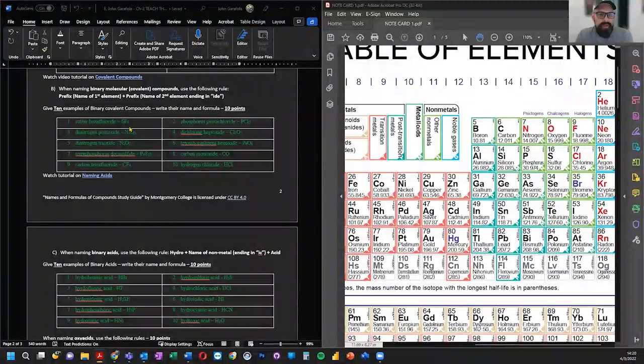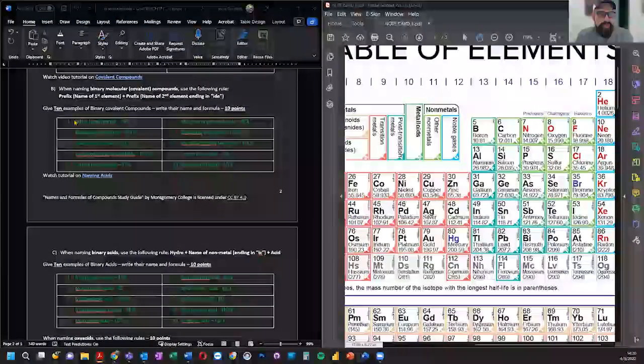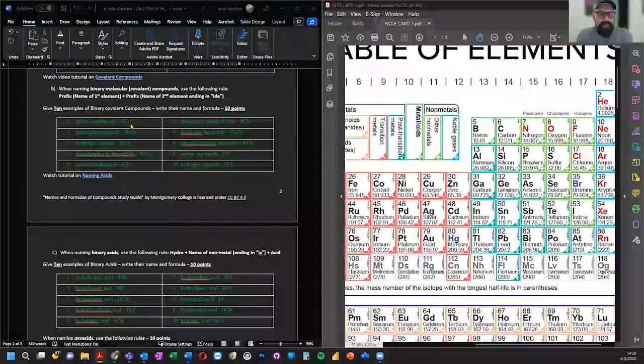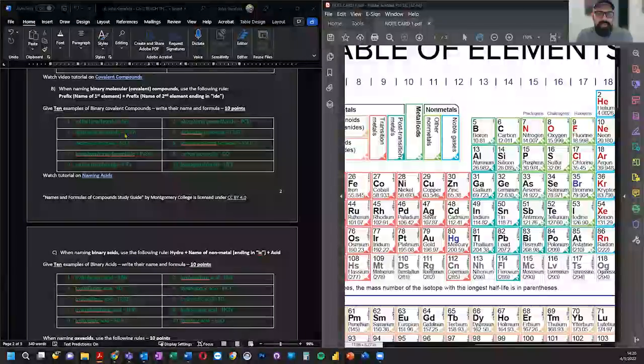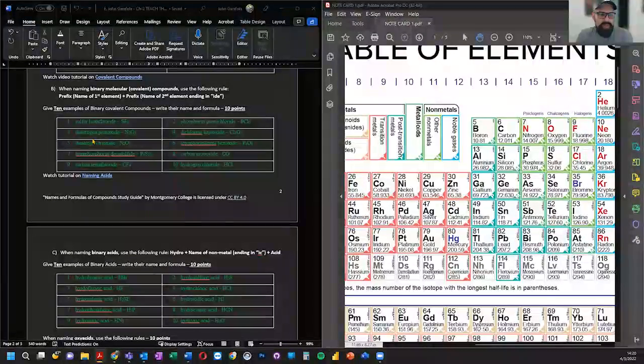So the 10 compounds I came up with were sulfur hexafluoride, which is SF6, with hexa meaning 6, and then dinitrogen pentoxide, with di meaning 2 and pent meaning 5. And in the video, it's very descriptive about how we can drop vowels that would be confusing when we're trying to pronounce some of these things.